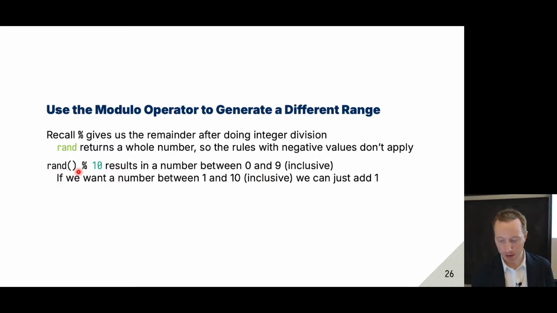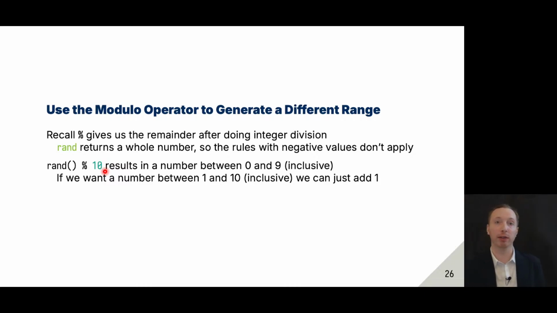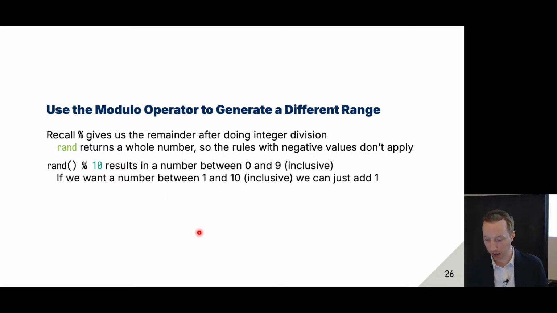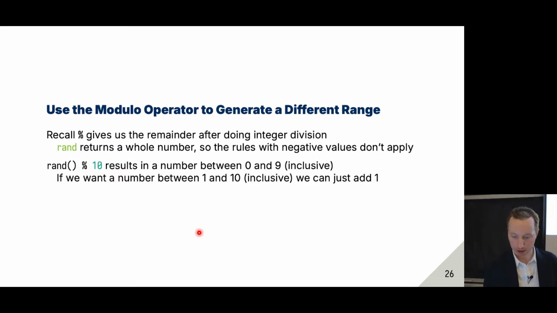So if we do something like rand mod 10, no matter what random number it gives to us, the result of modding whatever random number by 10 is always going to be a number between 0 and 9 inclusive, right? So those are the only choices of remainders we have. So if we want to generate a random number between 1 and 10, we can just take rand mod 10.